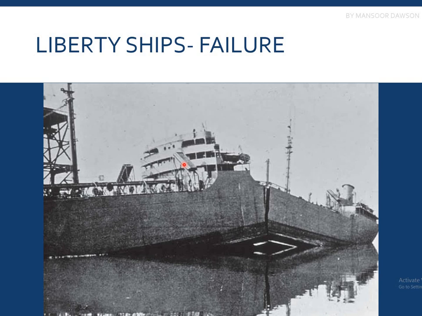The ships which were previously produced in 6 months were now produced in 3 to 4 weeks. So that kind of time span they had to reduce, keeping in mind the consequences of the war.